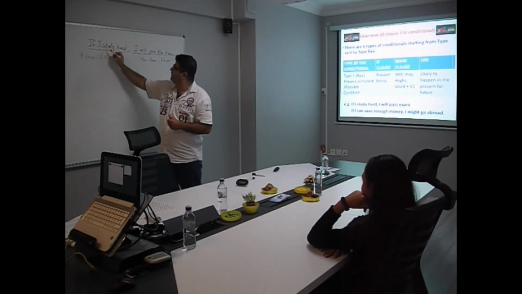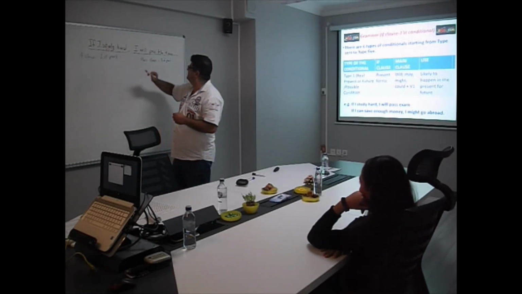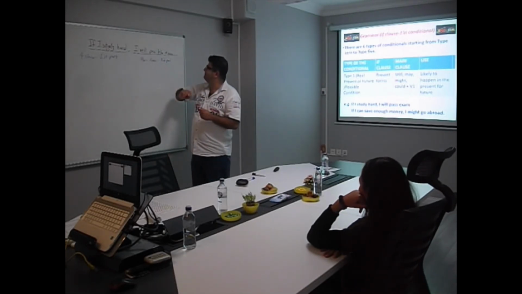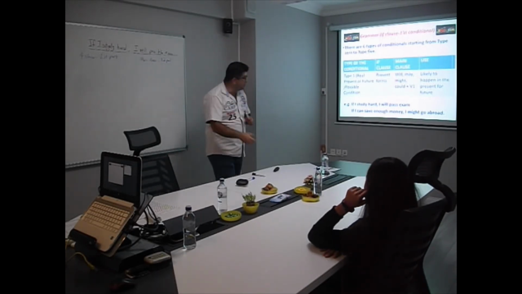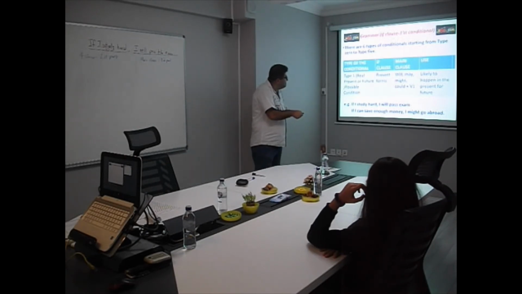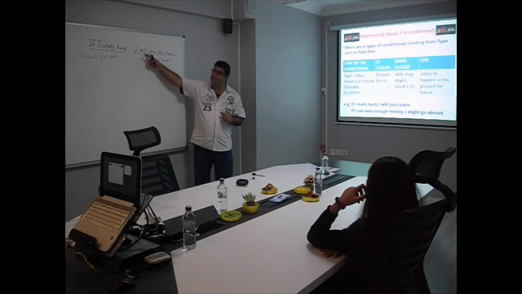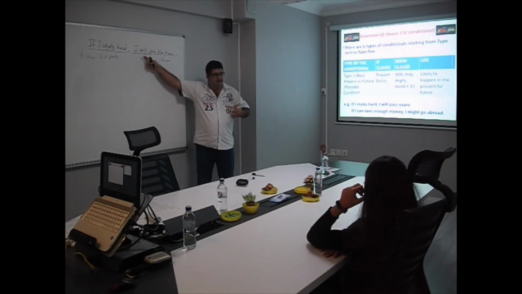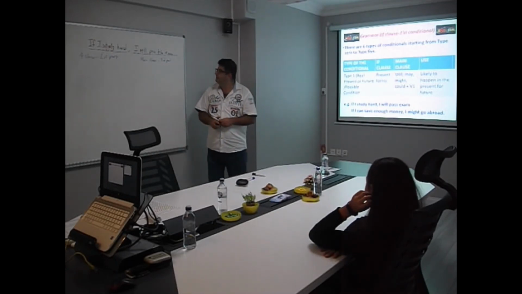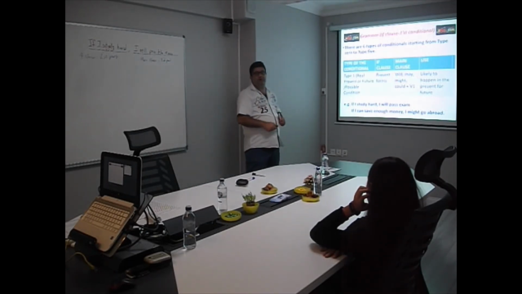Verb 1. In the second part, the main clause, there's a will. So in the first part, there's going to be the present form. In the second part, this can be will, what else? May, might, or could, plus verb 1.